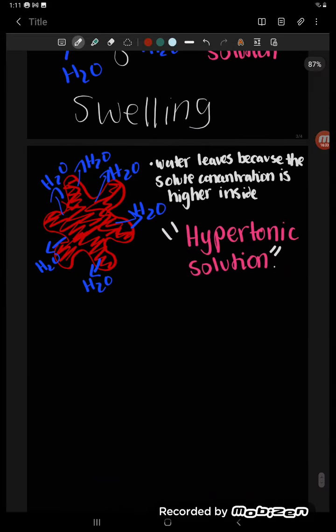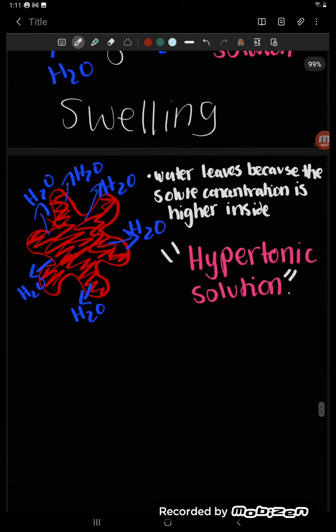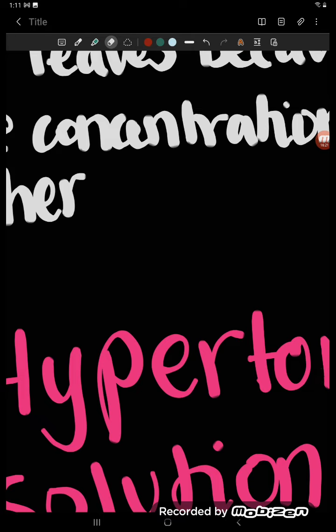Here we have a cell that has shriveled or shrunk. Water leaves because the solute concentration is higher. Oh, I wrote higher inside. Sorry, that's not inside, that's outside.